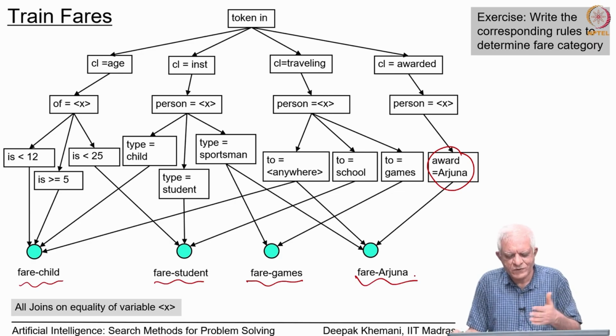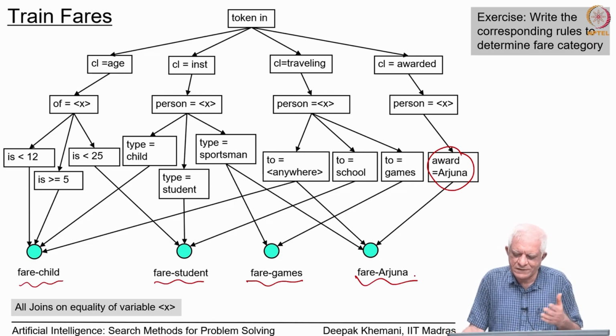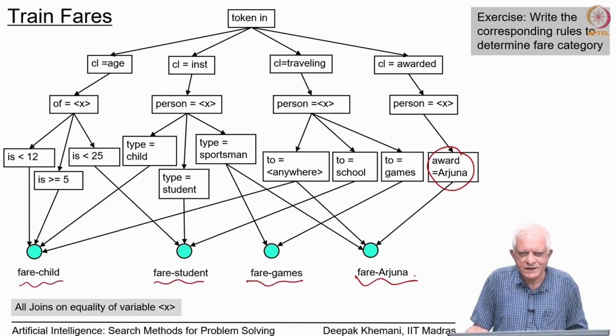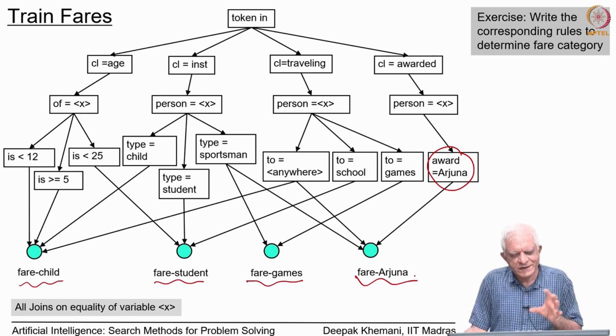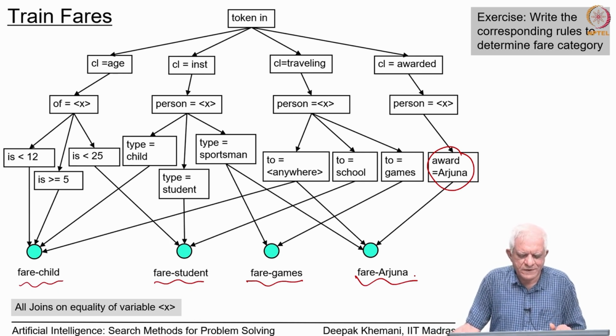These 4 rules have been embodied into this network, and I will urge you to look at this and try to write the rules which correspond to this network. Remember that a network is equivalent to the rules. We are not talking about data here, we are only talking about the rules essentially. So, this is one such rule based system which decides the train fares, as to how much you have to pay.